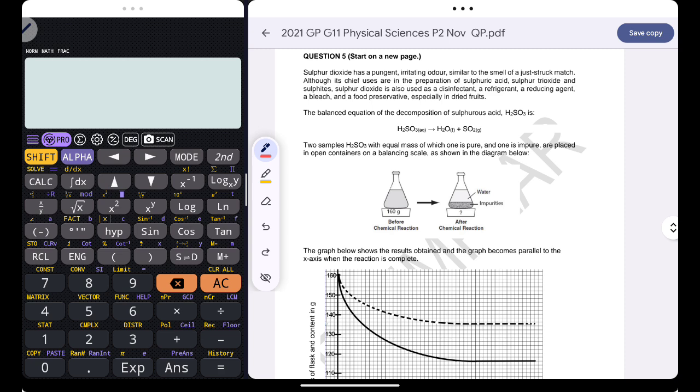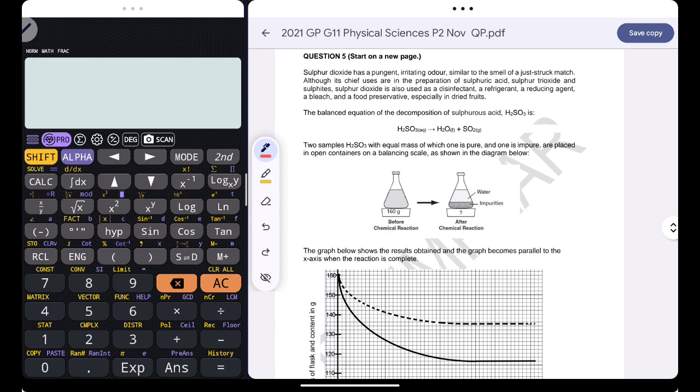The balanced equation of the decomposition of sulfurous acid is as follows. We can see that the sulfurous acid, which is H2SO3, decomposes to water and sulfur dioxide.